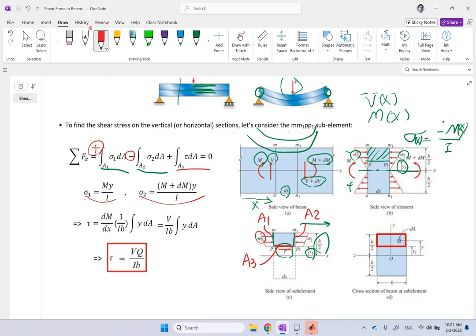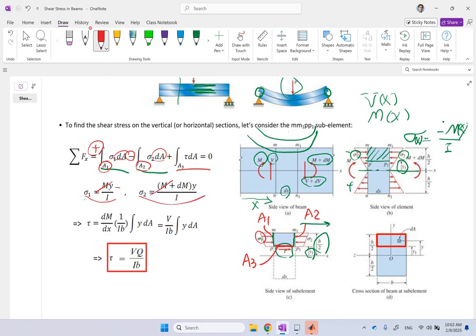And if we simplify now, remember in this case, A1 and A2 are the same cross section. So if we plug in those and simplify between sigma 1 and sigma 2, because the dAs and the areas are the same area, it's going to be My over I minus (M plus dM) y over I. When you do that, the M term would cancel, and all you will get is basically negative dM y over I integral.